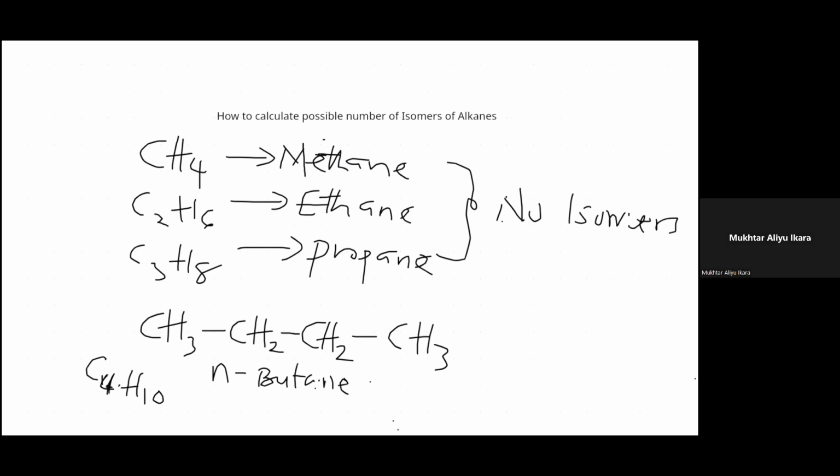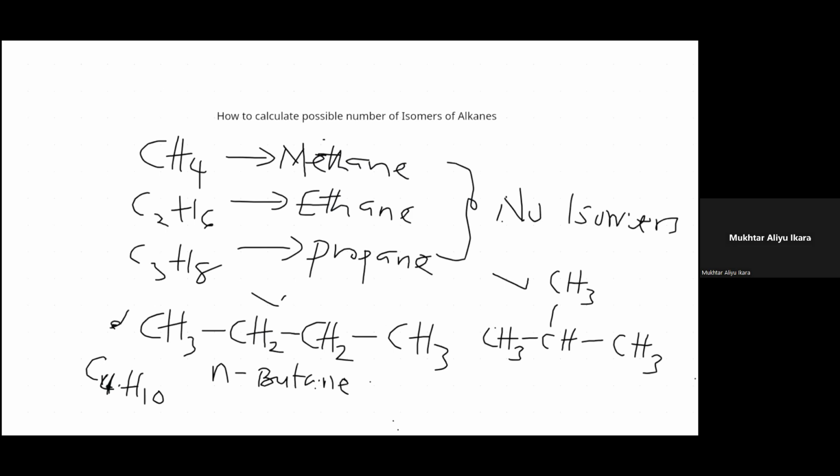But at the same time, butane can also exhibit another structure. We can have something like this: CH3, CH, and CH3, and then another CH3 attached here. You can see clearly that this structure and this structure are not the same. There is a branch at carbon 2 in the second compound, but this one is normal, it's linear.